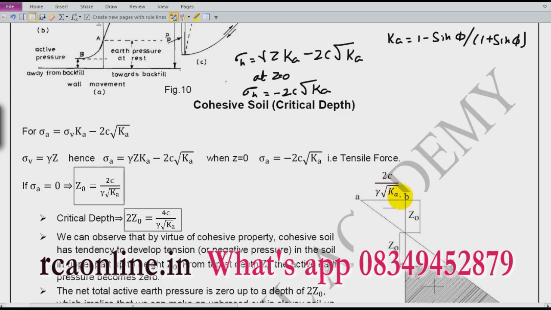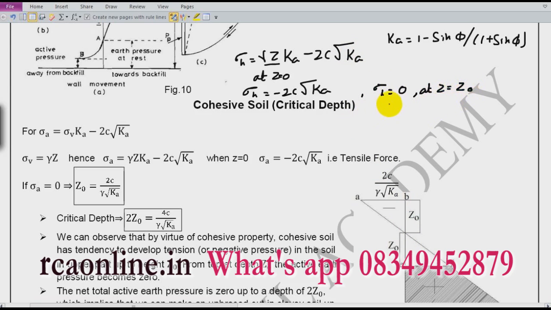Okay, so as the depth increases, this tension stress is reduced because of this gamma z, and at a point which I call z0, this sigma h will become 0.